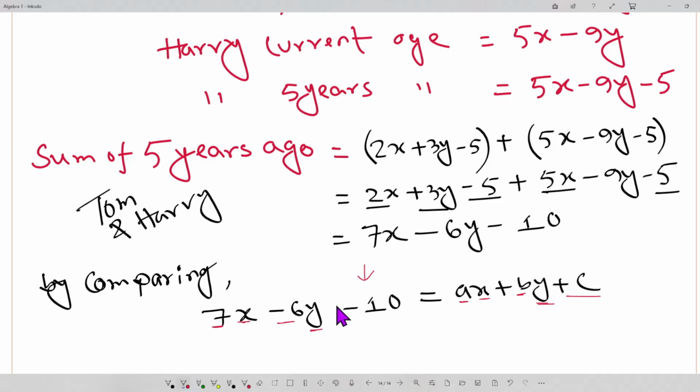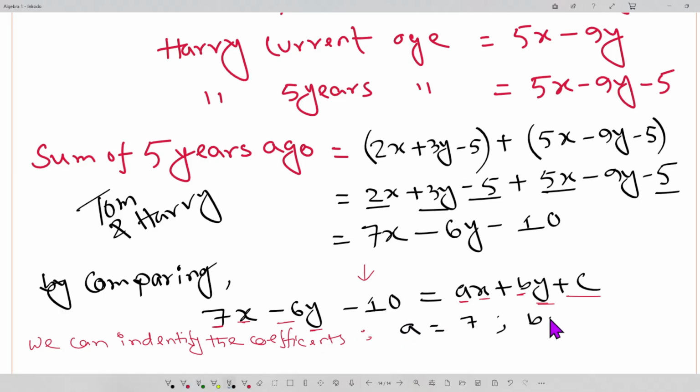So we can identify the coefficients: a equals 7, b equals minus 6, c equals minus 10. Right? So we already get the values.